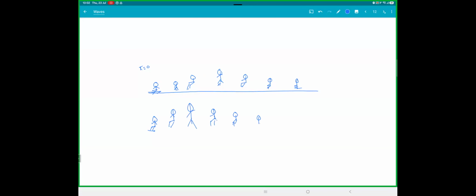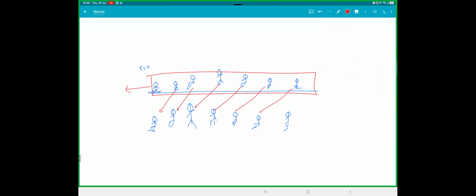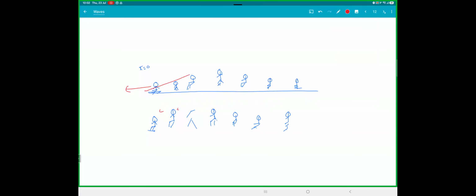This guy started sitting on the floor, and this guy actually started kneeling down. So, for a person who sees this, it looks like this whole chunk of people simply got shifted forward, isn't it? This guy has come here, this guy has come here. It gives you an illusion as if everyone has gone forward by 1 unit. Now, same thing. If I join all the heads, what will you see? This is how the pulse will be. It feels as if the peak value has moved forward.